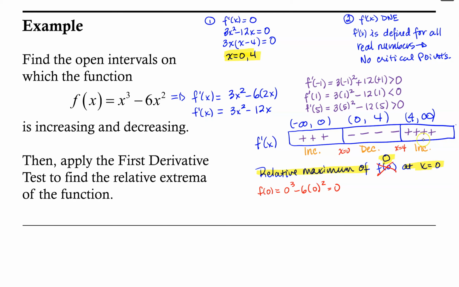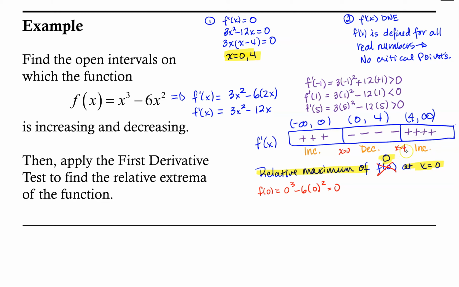Now let's see what's going on at x equals 4. Now we can see that in the interval to the left of 4, our derivative is negative, so our function is decreasing. And to the right of x equals 4, our derivative is positive, so our function is increasing.